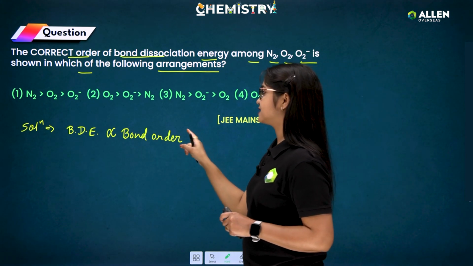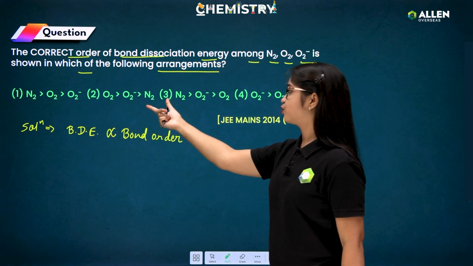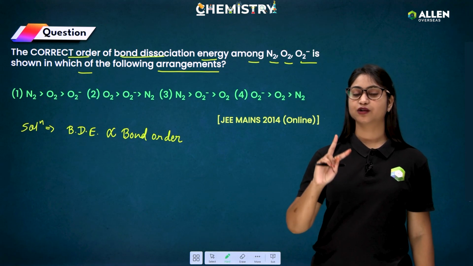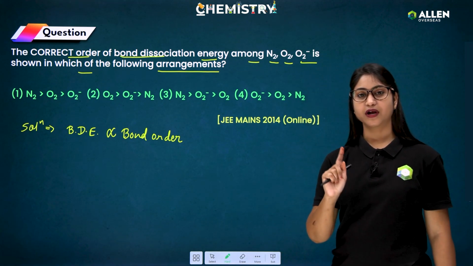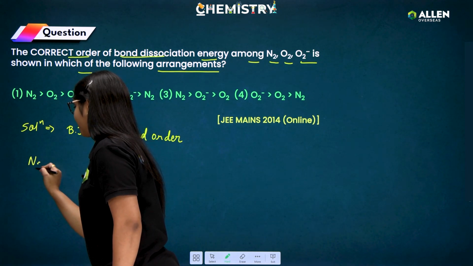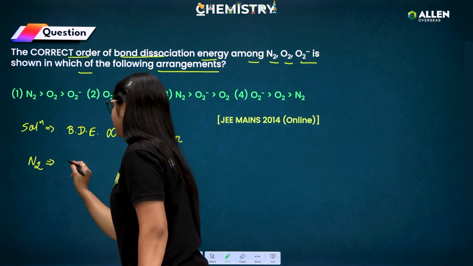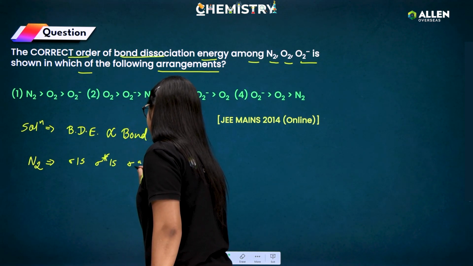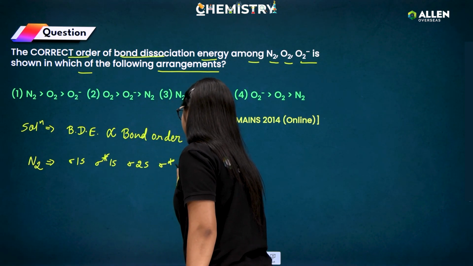Here you can see you have nitrogen and the two species O2 and O2 minus. So we have to write two energy orders, for N2 and for O2. Let's see, for N2 what will be the energy order? It will be sigma 1s, sigma star 1s, sigma 2s, sigma star 2s.